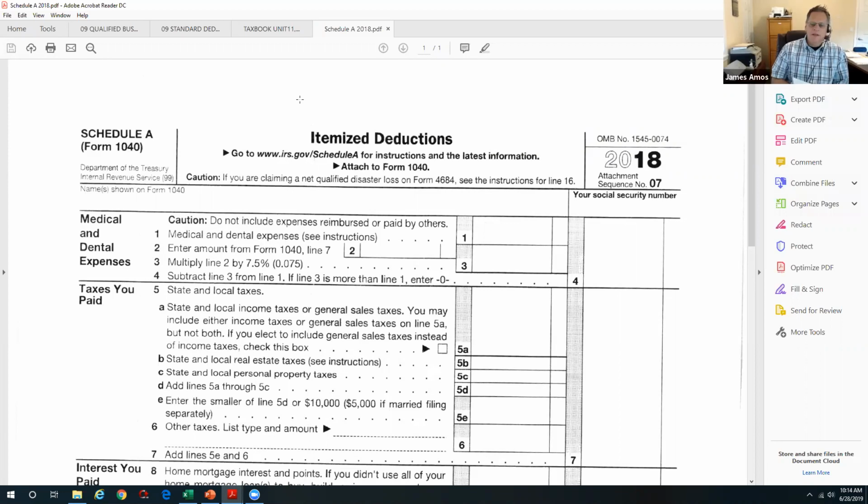So now we have something that's also called an above the line deduction. What's the other name for above the line deductions? Adjustments. That's right. So adjustments are above what line? Remember, we have above the line deductions and below the line deductions. What is the line between those two?